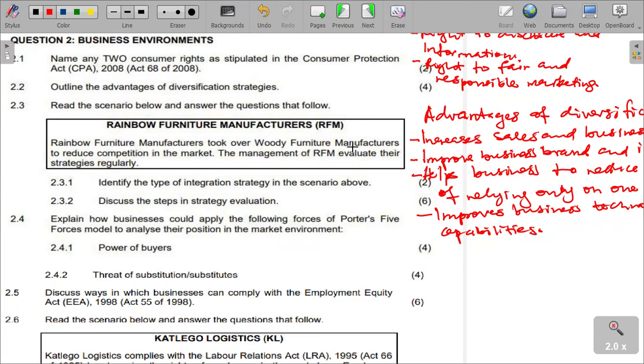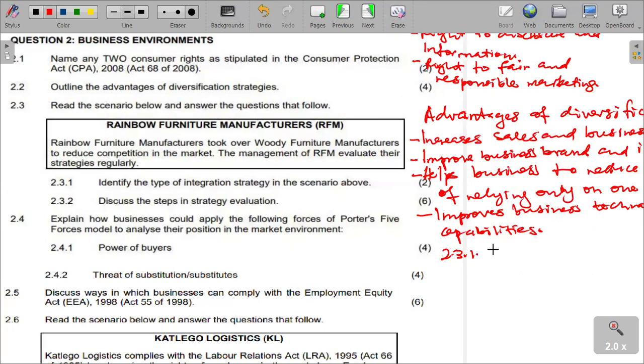These are businesses which are in the same industry and also producing the same product. So they are just joining. Rainbow Furniture is taking over the wood furniture to reduce competition in the market. So what type of integration strategy is this? When businesses are on the same level, we refer to it as what?